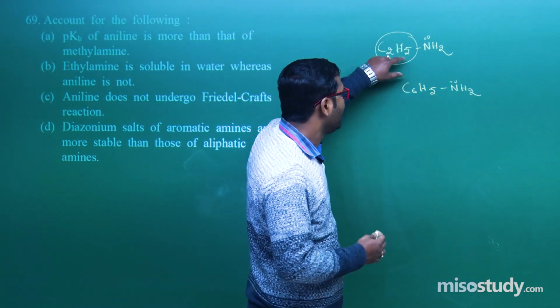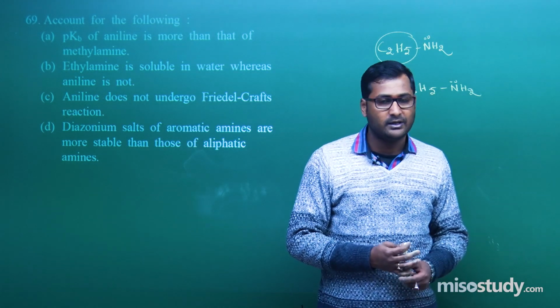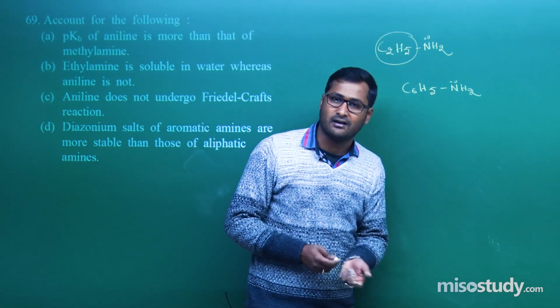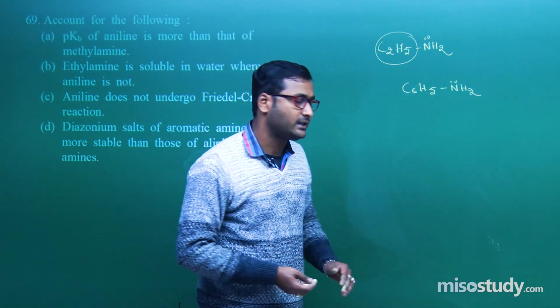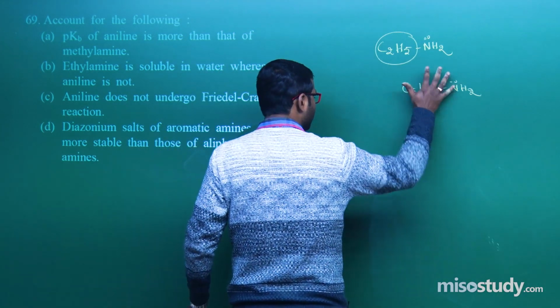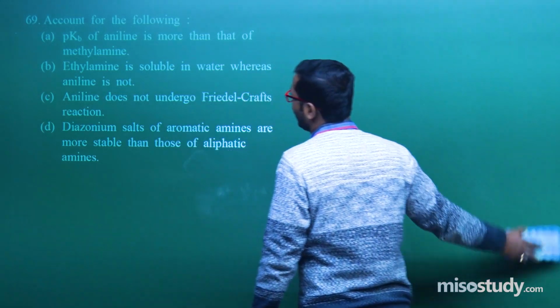Due to this reason, ethylamine will have more solubility than aniline. And this is a bulky group, here is a steric hindrance also. So it hinders the tendency to form hydrogen bonds with water. Due to this reason, aniline is less soluble than ethylamine.